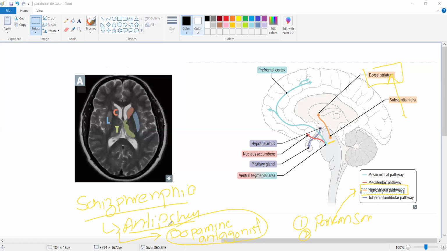So one of the side effects of the antipsychotics is increased prolactin. When the prolactin level is increased, it leads to galactorrhea, right?